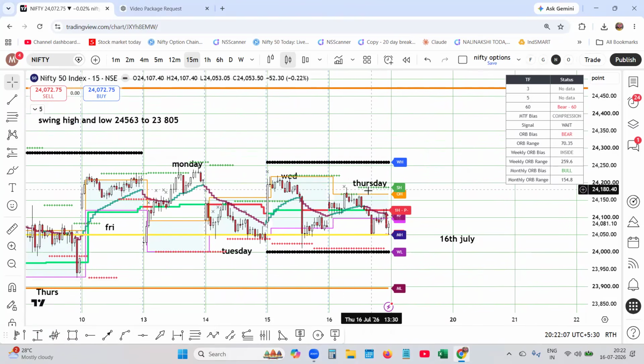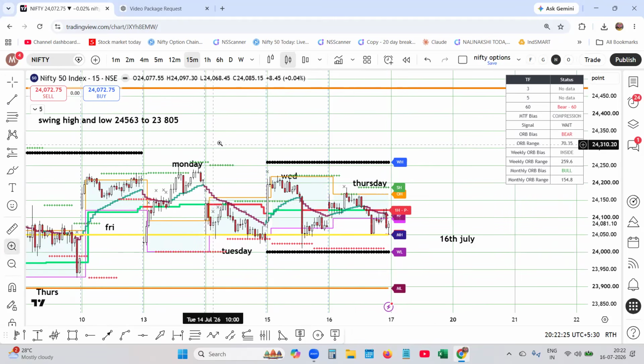And today afternoon session, this was the swing high and this is the swing low. It is marking the swing low. So like this you get, and also in this indicator for an intraday, I am on an intraday time frame, I am showing it to you.